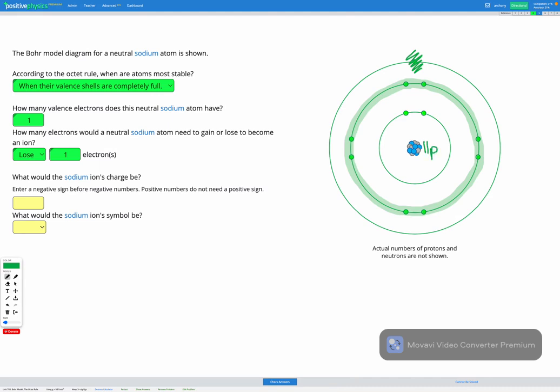And usually we have 11 electrons, but we just got rid of 1. So now we have 10 electrons and 11 protons. Remember, electrons are negative, a charge of -1, and protons are positive, a charge of +1. So here we have 1 extra proton compared with the number of electrons. So we're going to have a positive charge here of 1.